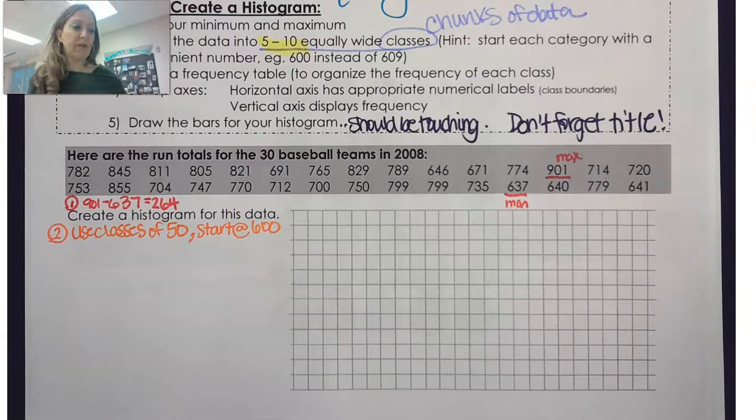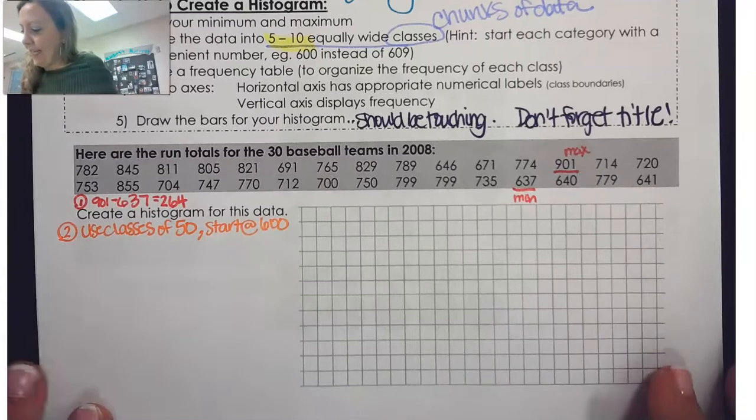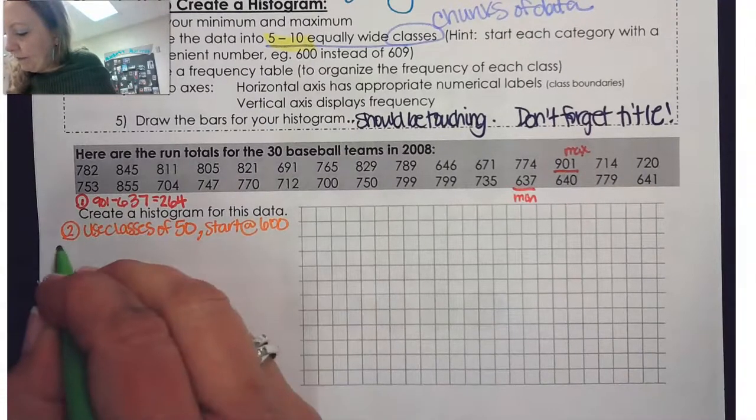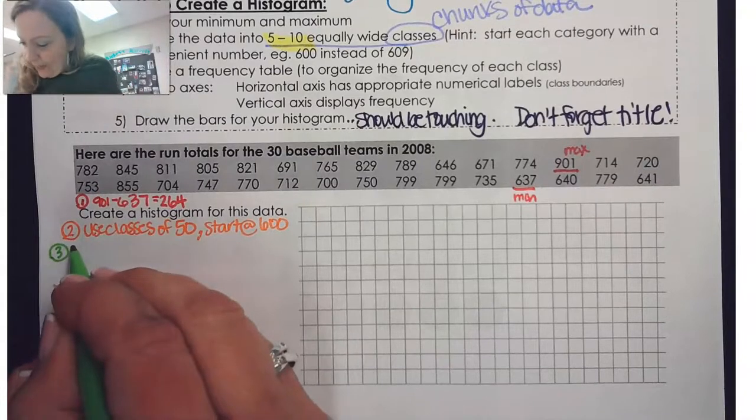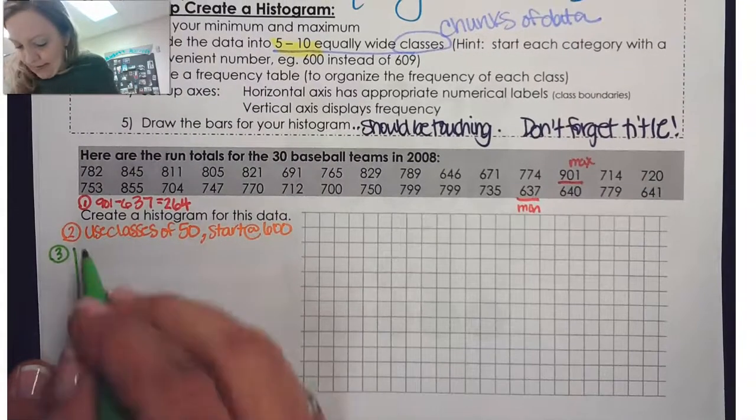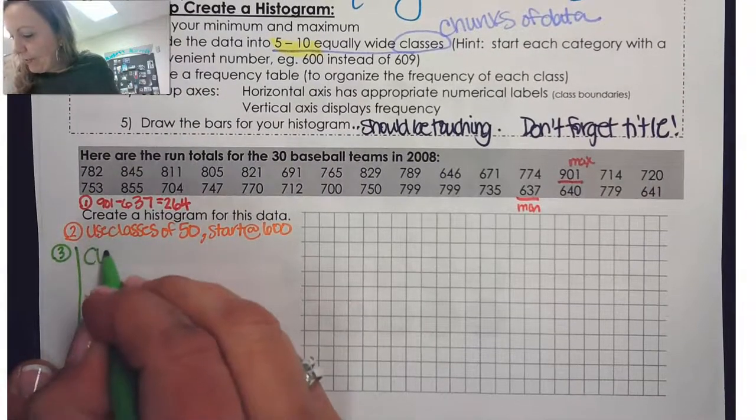Okay. So our next step is to actually make our frequency table. And when we make our frequency table, it's going to have 2 columns. And one of them is going to be the class.